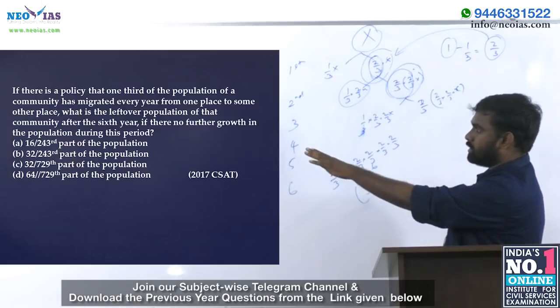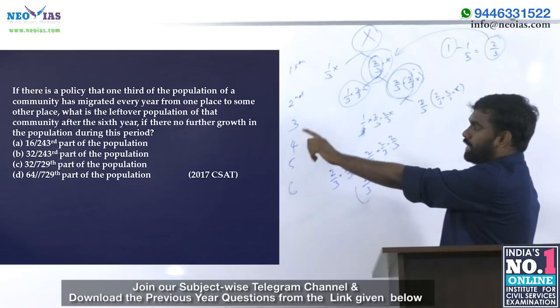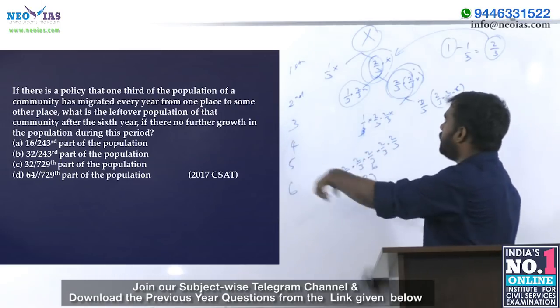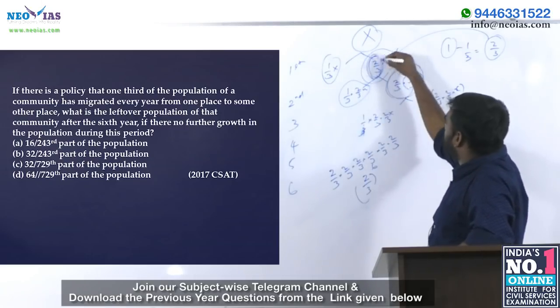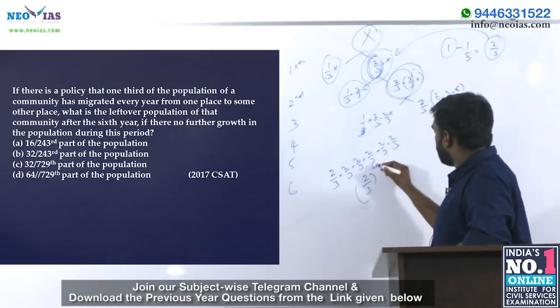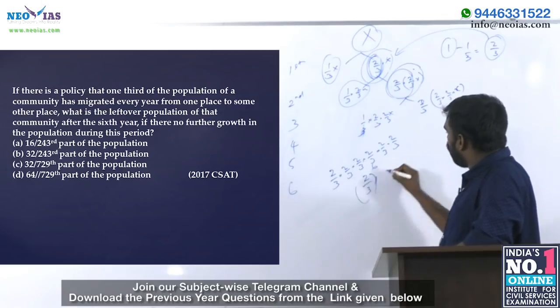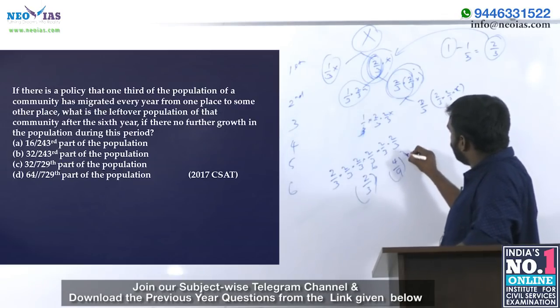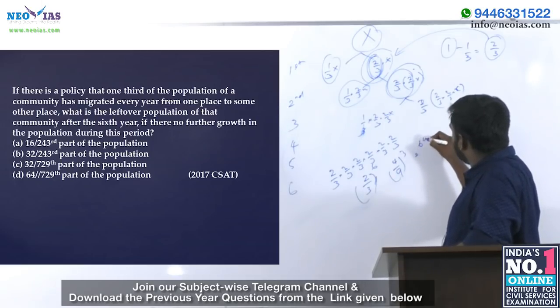Whenever a problem comes like this, you just need to know what is the question asked. If they are asking who is migrating, we will take 1 by 3. If they are asking who is left over, we will take 2 by 3. And we will just see how many years, 2 by 3 raised to 6. What will become 4 by 9 cube, isn't it? 4 by 9 cube means 4 into 4, 16, 64 by 729.